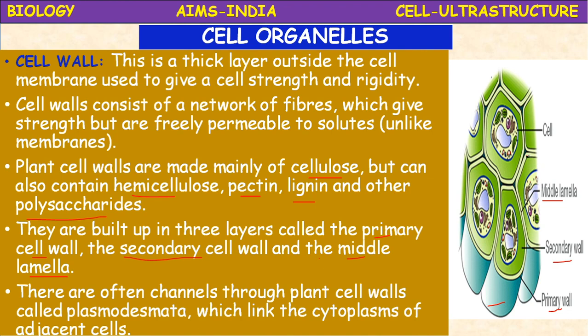These are the lines representing the cell wall, where the middle lamella is. These plasmodesmata especially help in connecting the adjacent cells. So for example, this is a plant cell, one cell.